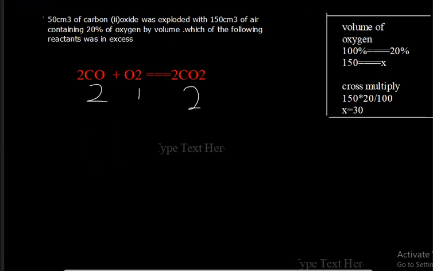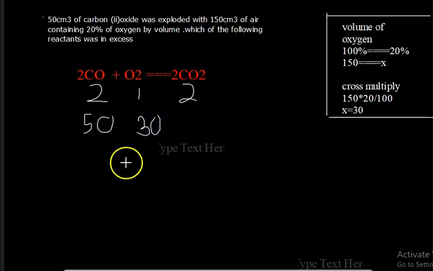Taking down the volume of CO, we have 50 cm³ of CO, while oxygen, the absolute amount that we found, is 30 cm³.